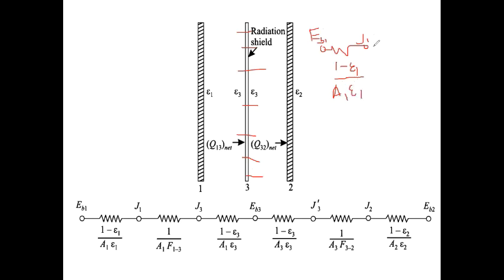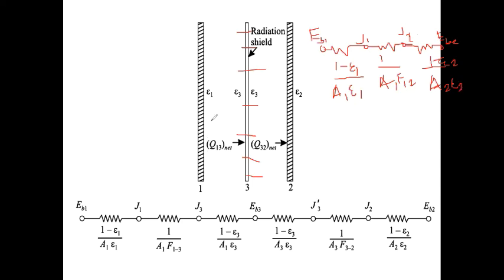Then J1 to J2 is the space resistance, 1 by A1 F12. Then J2 to EB2 is the surface resistance, (1 minus epsilon 2) divided by A2 epsilon 2. There is no radiation shield used here.